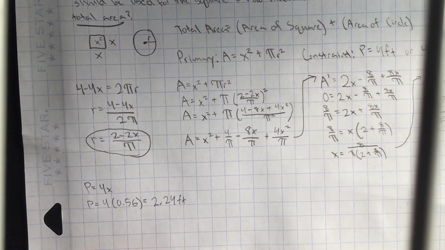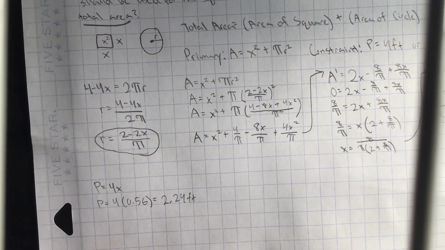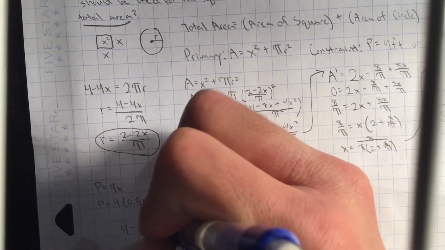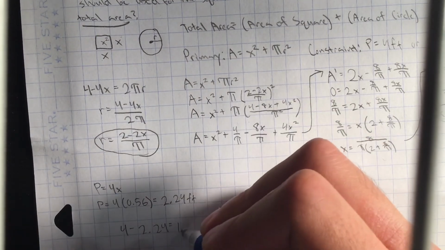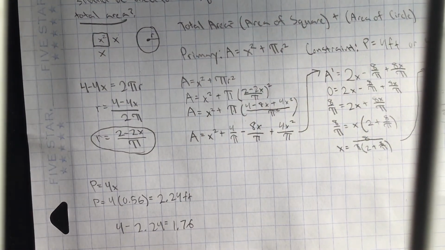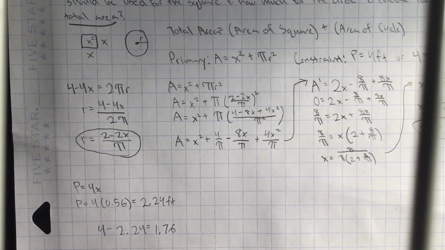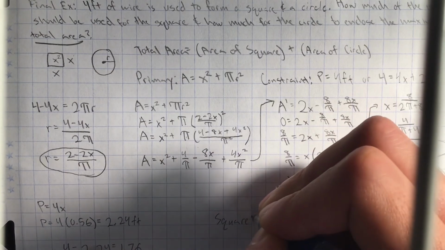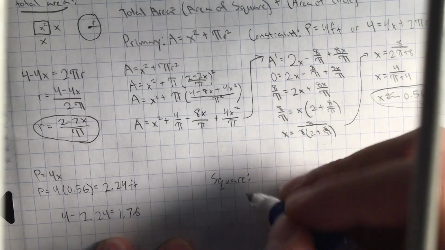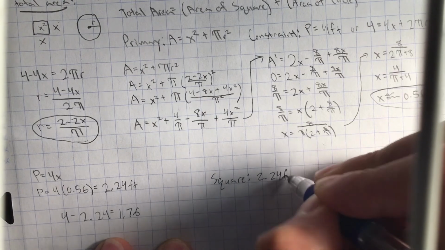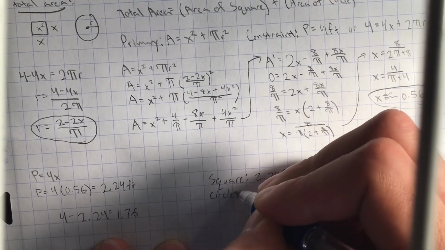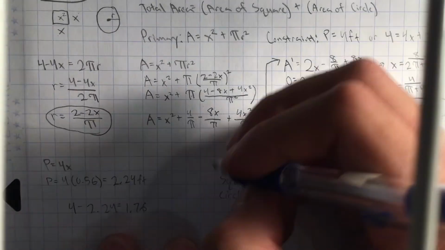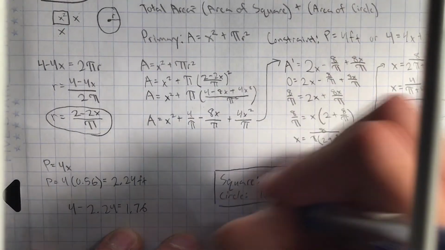So that's our square. We know that we have 4 feet of total wire, so 4 minus 2.24 is going to give us our circle, which is 1.76. Of course you can check that if you wish. Then we write our conclusion statement in simple terms: the square is 2.24 feet, and our circle is 1.76 feet. And that is our final answer.